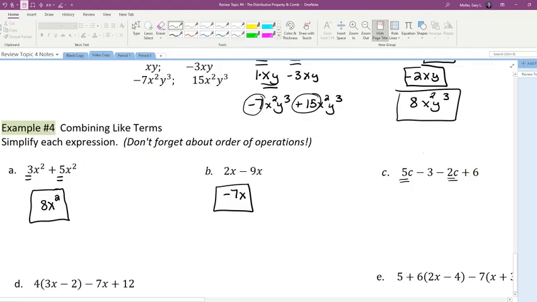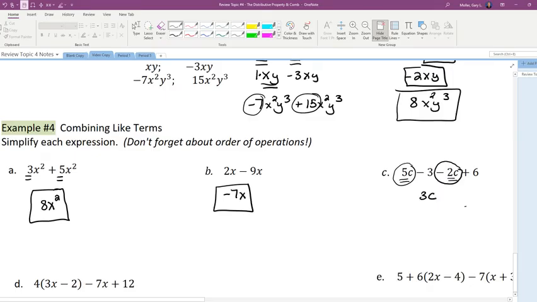This negative right here, that subtraction, that negative, however you want to think of it, it belongs to the 3. This negative right here, it belongs to the 2. This plus belongs to the 6. So you have to pay attention to that. So when I look at this, I see, okay, I've got 5c, and here's some more c's. I've got to grab that subtraction with it. It's a 5c minus a 2c. And so that would be 3c.